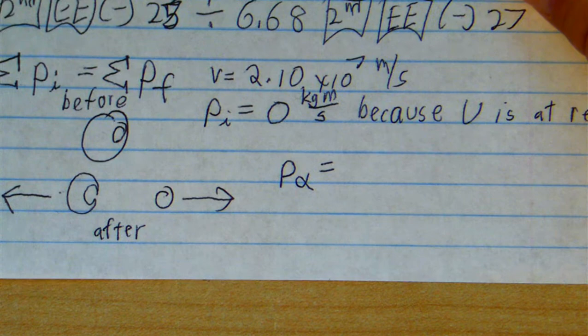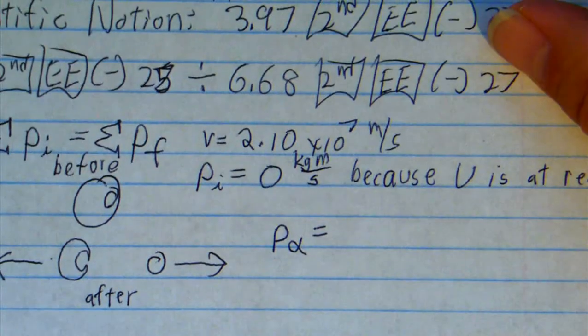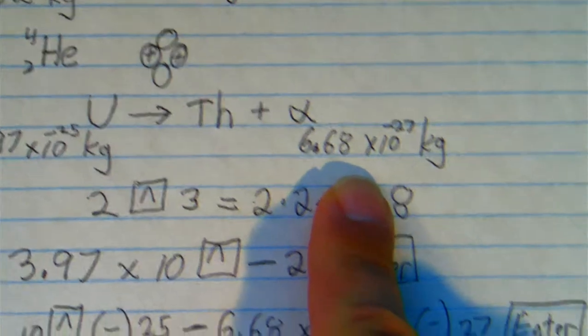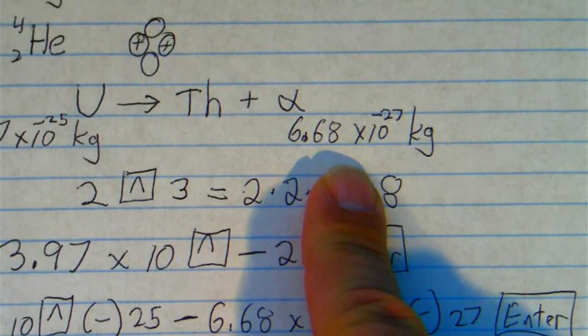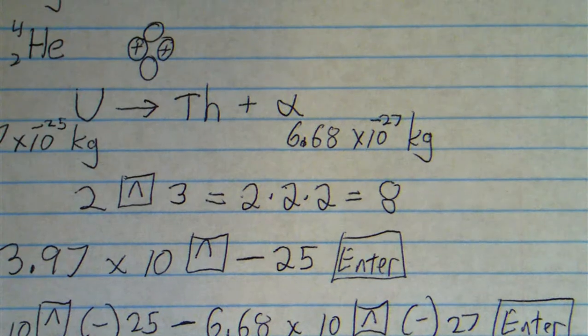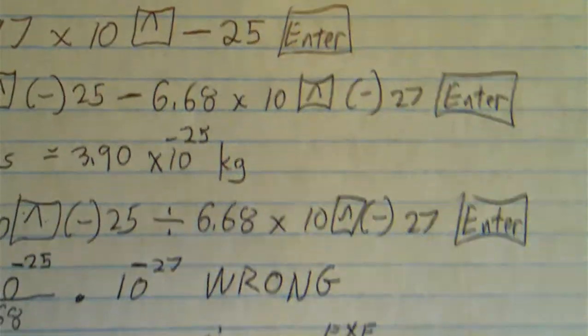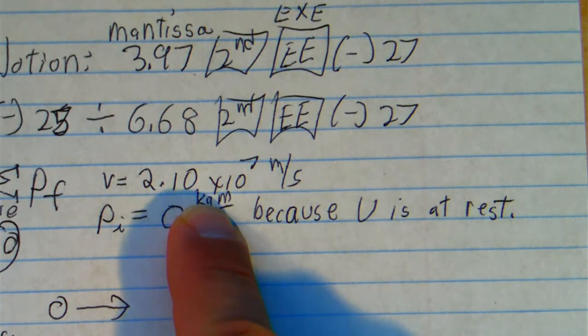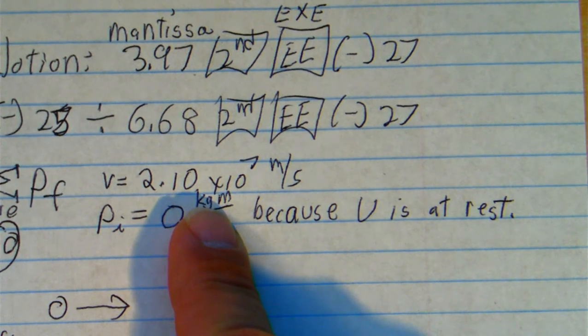You should be looking at the homework handout and therefore know that the mass of the alpha particle was 6.68 times 10 to the negative 27th kilograms. You should also know from the handout that the velocity of the alpha particle was 2.1 times 10 to the 7th power meters per second.